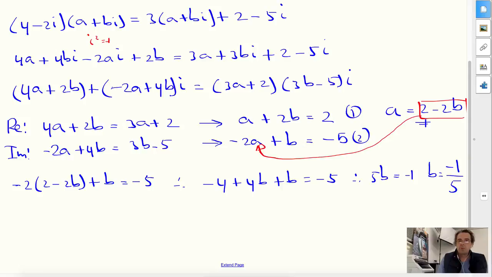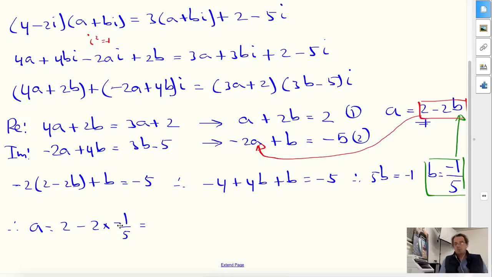I can use that result to plug it back here to find a. So a is 2 take 2 times negative 1 over 5.